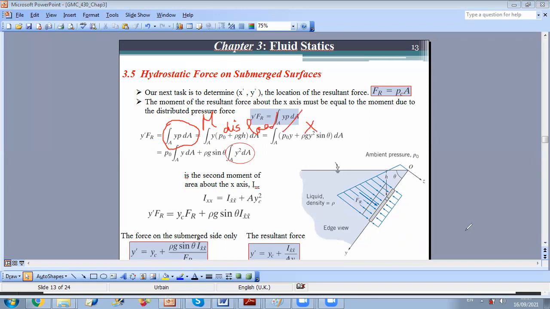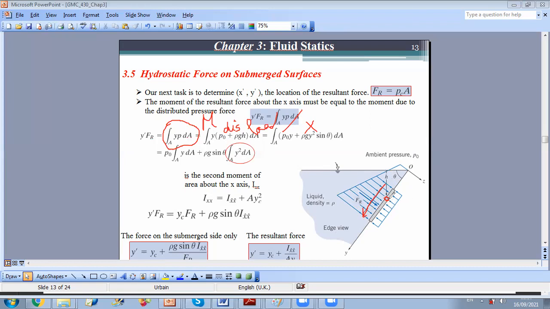So how do I calculate the total moment about x? To find it, first I take a small part, a small area, okay? Because I am forced to do an integration here. Why should I do integration? Because as I move downward, the pressure is varying, meaning the force is varying. So I have to integrate.